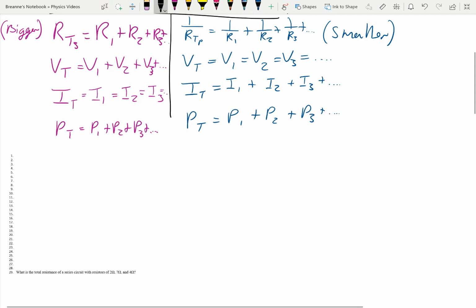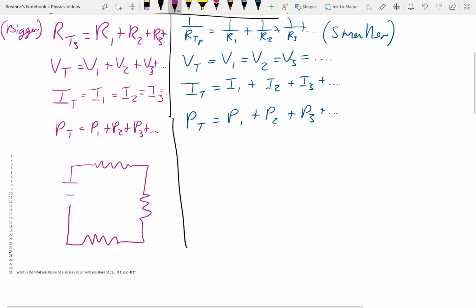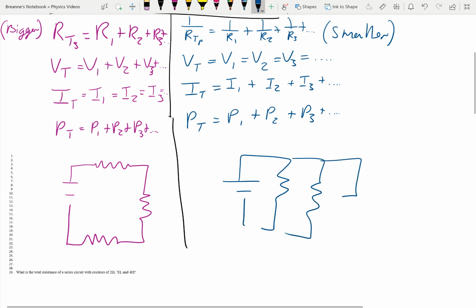So for a series, you'll know it's a series because it's one big loop. You'll know it's a parallel because there's several loops. And the reason your current is the same is because there's one loop, there's one current.